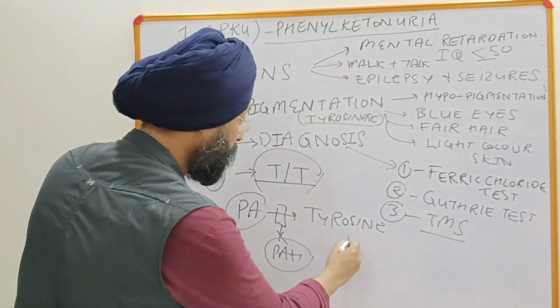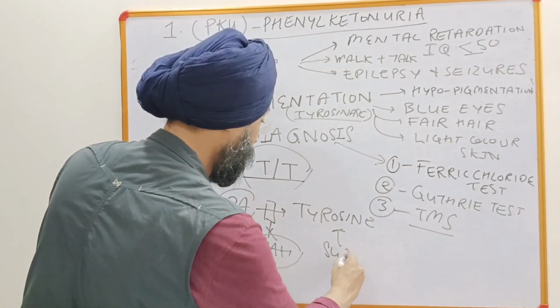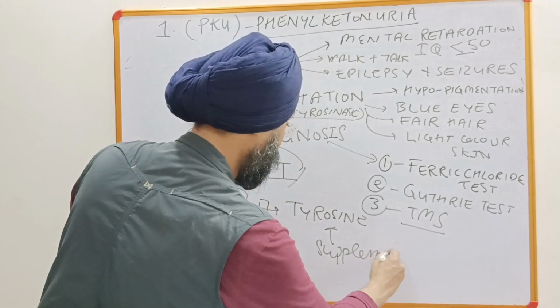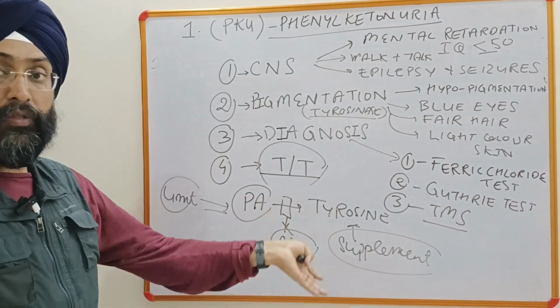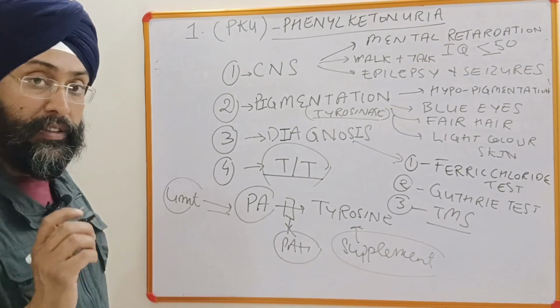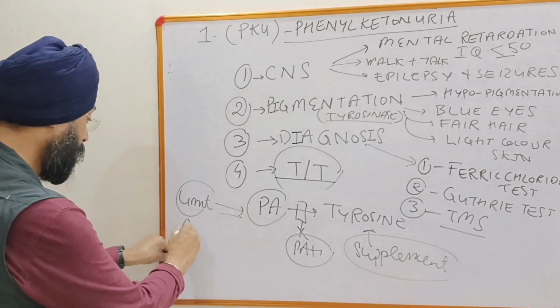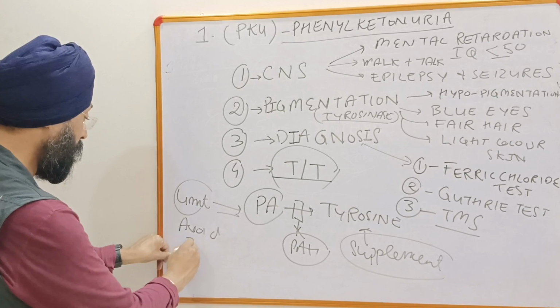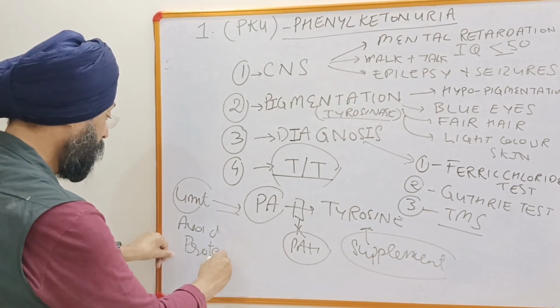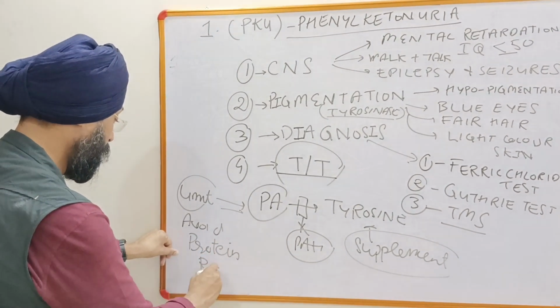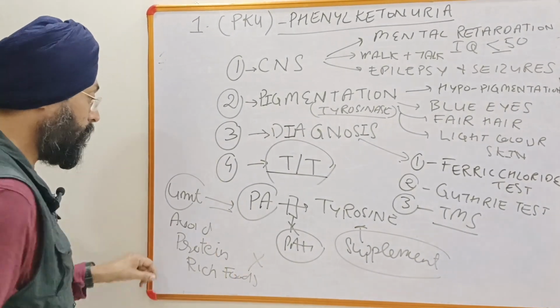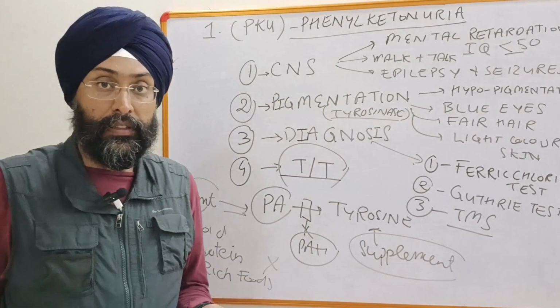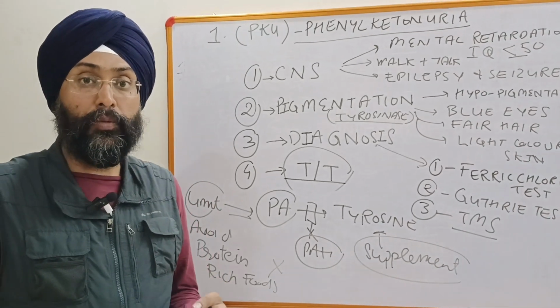And supplement the patient with tyrosine so that the reaction proceeds forward, right? And the patient should avoid protein rich foods, right? So basically non-veg like proteins, eggs, they are supposed to be avoided.